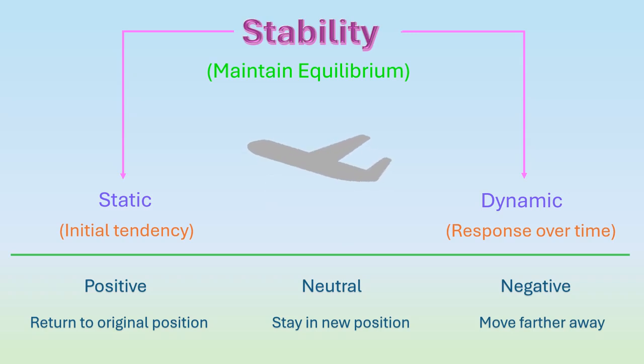It's important to note that an airplane's static stability and dynamic stability don't always align. An aircraft can have positive static stability but still be dynamically unstable, as oscillations following its initial attempt to return may overshoot or undershoot asymmetrically, preventing it from stabilizing.